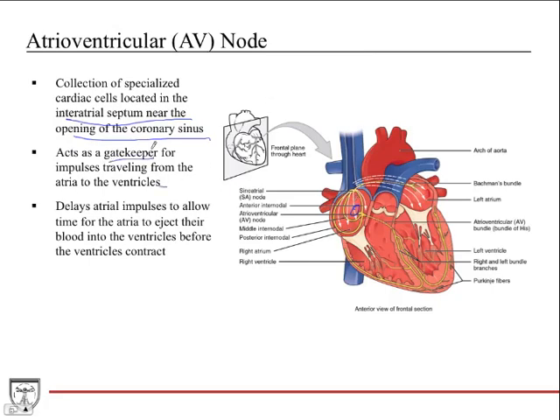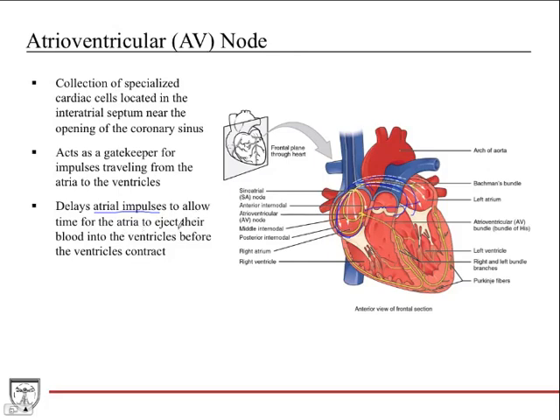And like I said, it acts as a gatekeeper for impulses traveling from the atria to the ventricles. You have all these impulses coming through the atria, shot off by the SA node. They make their way to the AV node. The way it acts as a gatekeeper is that it delays atrial impulses. These impulses are traveling through here and all converging on this AV node, and when we get to the AV node, instead of just going on to the ventricle, they're slowed down or delayed.